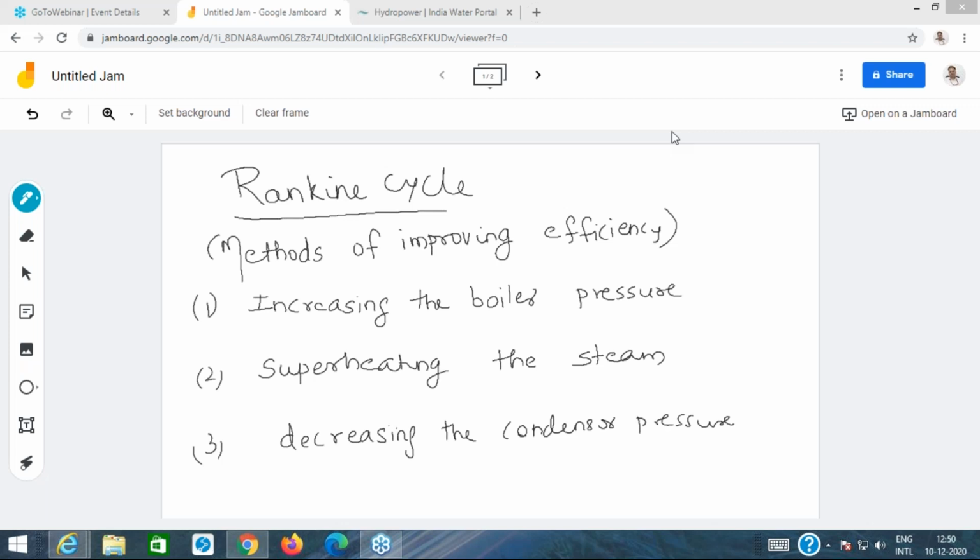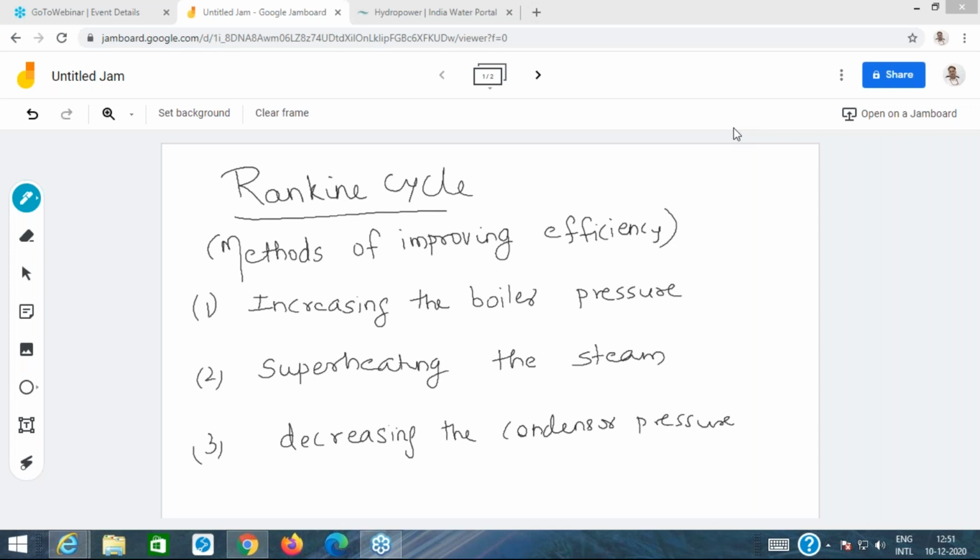The theoretical cycle of the power plant is the Rankine cycle. And in order to improve the efficiency of, let us say, a coal-based power plant, you need to design the power plant such that you obtain maximum conversion of heat to work. So you need to improve the Rankine cycle efficiency.